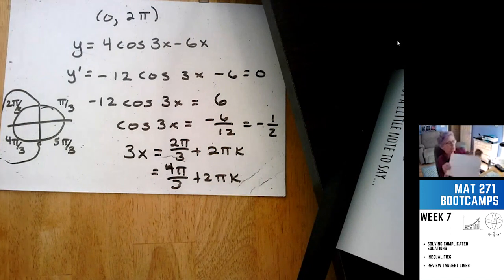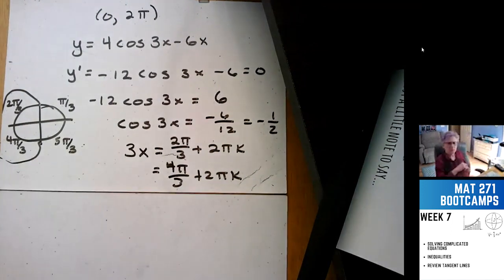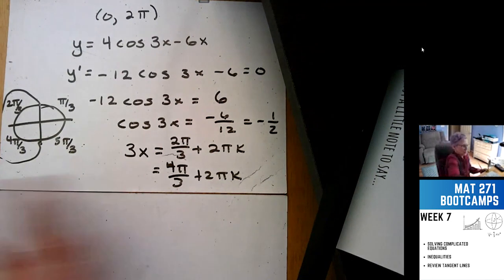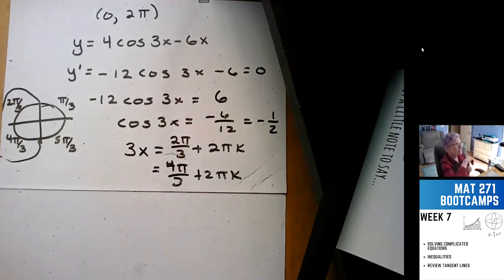No, I don't understand. You don't know where that came from? Mm-mm. You okay to that part? So I understand the 2 pi over 3. But it didn't make sense to me that cos 3x equals negative 1/2, because I don't know. I guess that makes sense now looking at it.